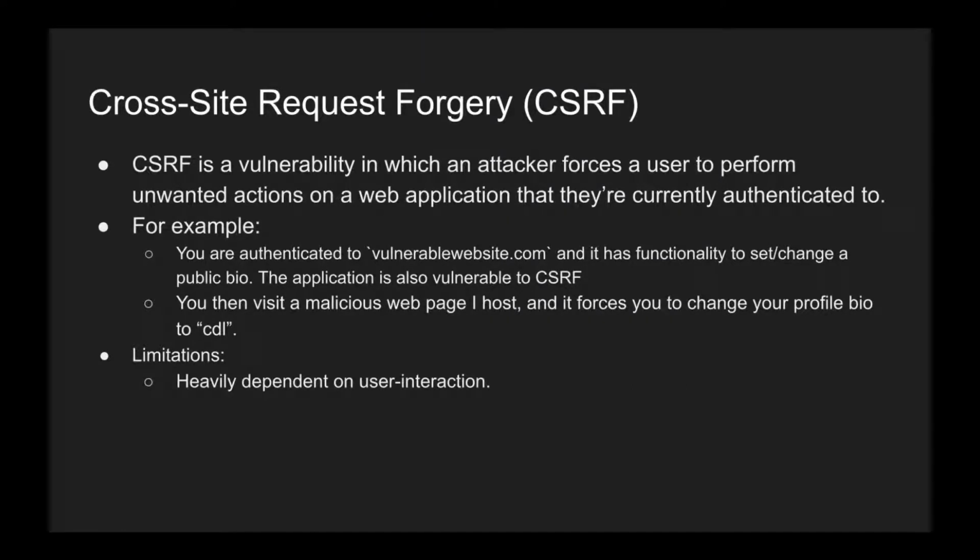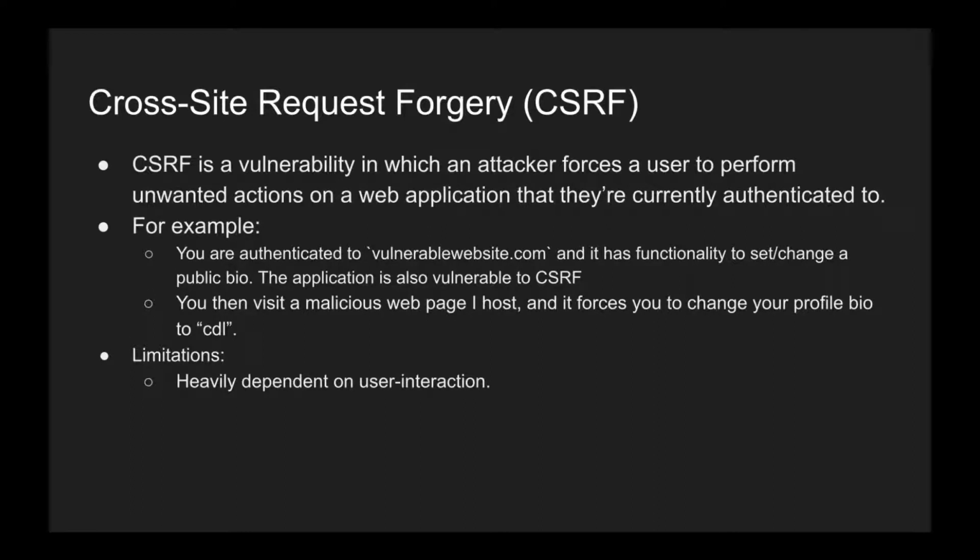For example, say you're a user on vulnerablewebsite.com, and one of the functionalities is that you have a profile and a bio, like on Instagram, where you can set a bio.